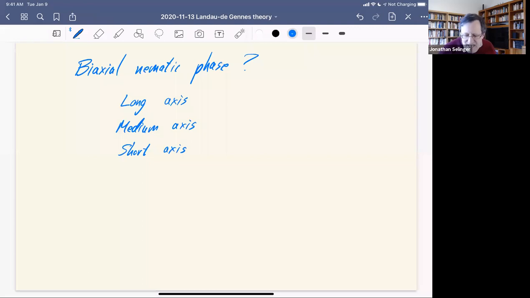That is, medium and short would be different from each other. This is certainly a theoretical possibility. There has been a lot of experimental controversy about whether this has been found experimentally. Some people believe that they have found it in the lab.